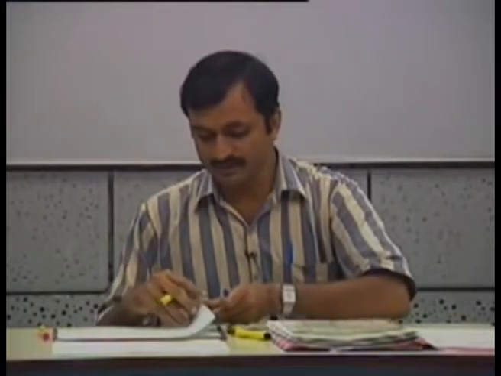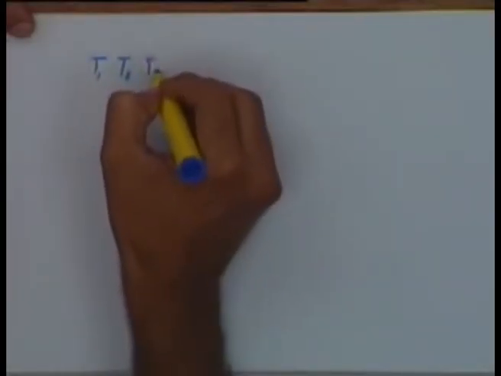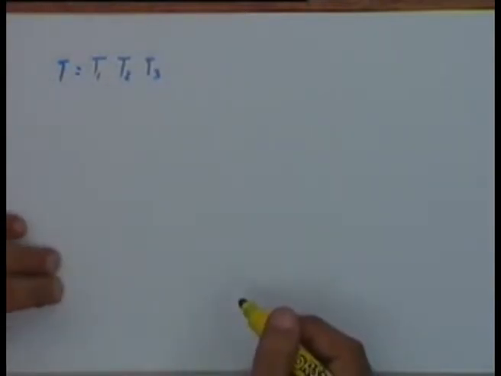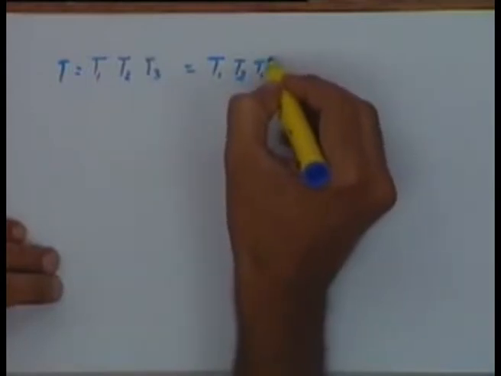Okay, so if we combine these three, our combined transformation matrix will be the product of the three transformation matrices. Or we can also write this as T1, T2 and T1 inverse.